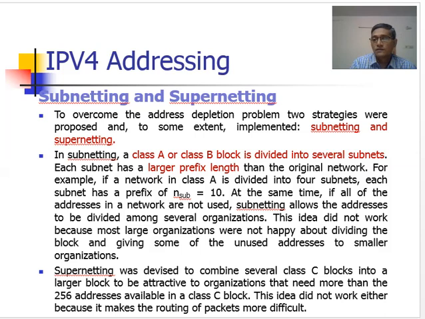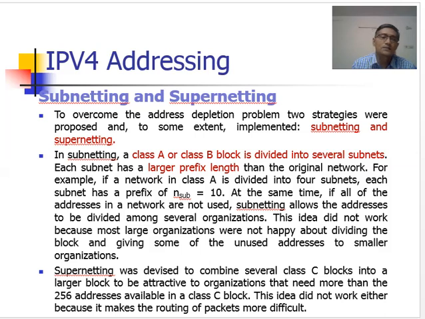The unused part is again divided into several blocks, that is, subnetting is performed again and it is given to a smaller organization. The larger organization is not happy about dividing its block and giving unused addresses to smaller organizations. So there are practical implications.